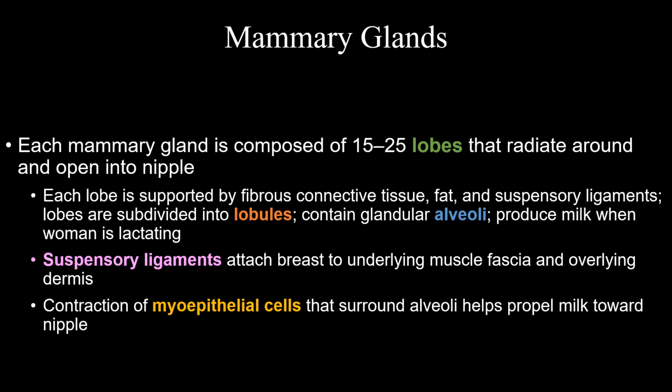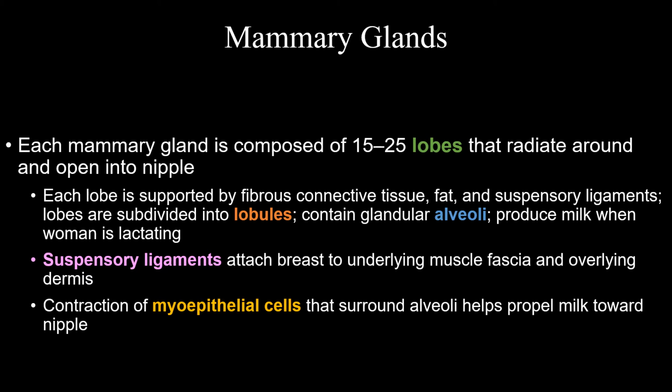Inside each mammary gland, there tend to be between 15 and 25 lobes that radiate around and open at the nipple. These lobes are padded and separate from each other by fibrous connective tissue and fat, and they receive support from suspensory ligaments that attach the breast to the underlying muscle fascia and the overlying dermis.